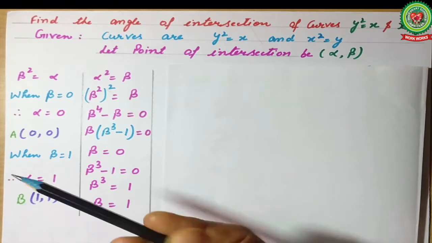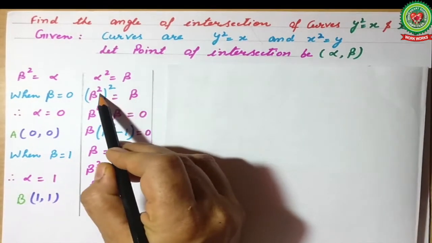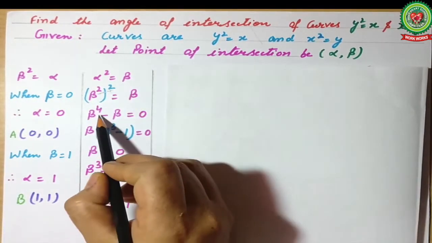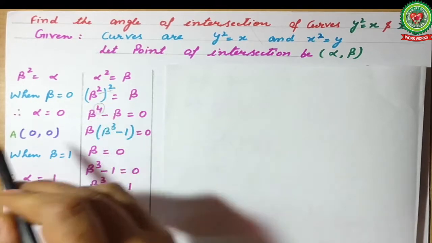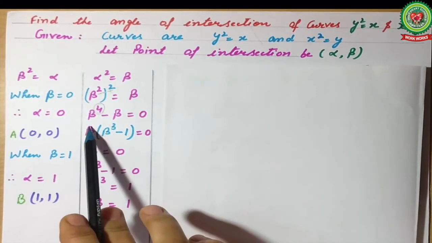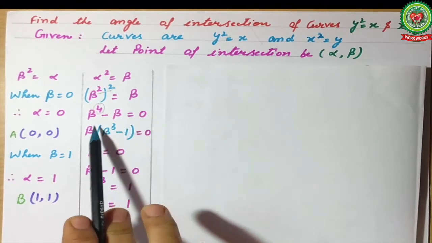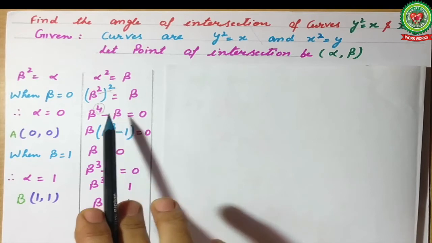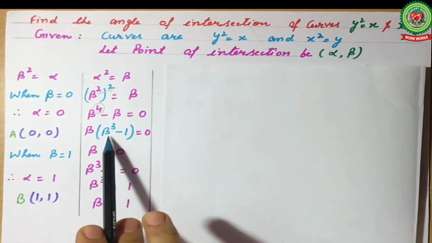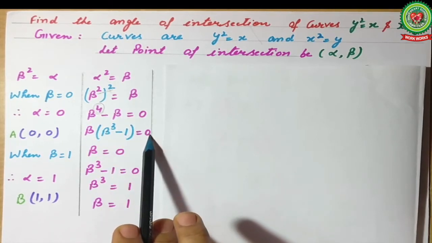Multiplying beta square into beta square gives beta raised to power 4. So beta to the power 4 minus beta is equal to 0. Now we take beta as a common factor: beta into (beta cube minus 1) is equal to 0.